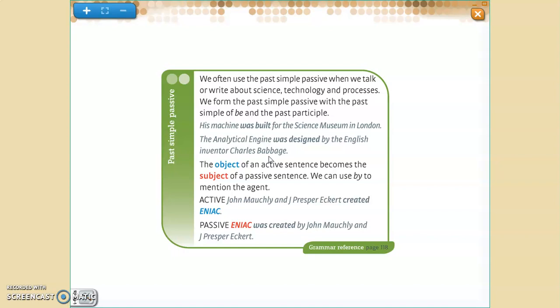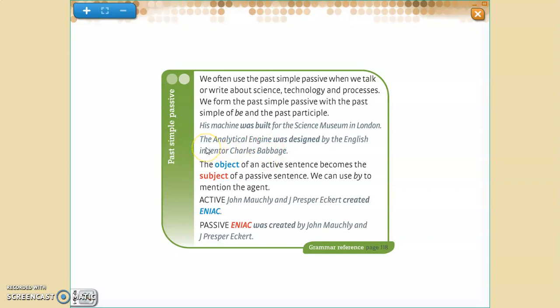Okay, so here we know who did the action, Charles Babbage. And we know what he designed, obviously, the analytical engine. In this case, they have shifted, right, from the author, from the doer, to the result of the action.